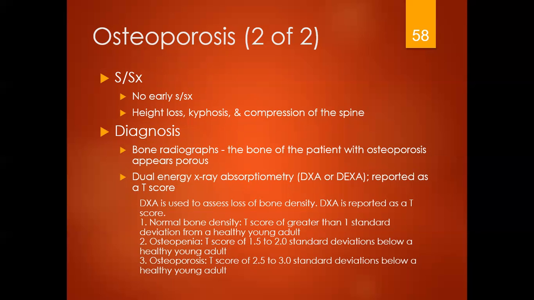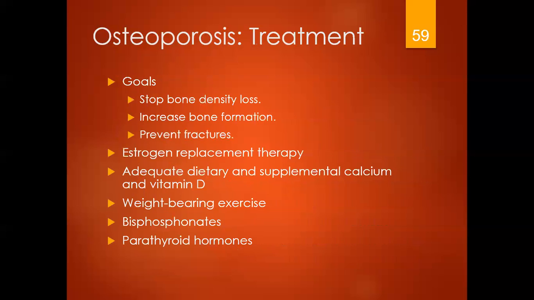So below negative 2.5 is osteoporosis, negative 2.5 or more, osteopenia, and then 1 or less is good. Okay. Or excuse me, 1 or more is good.